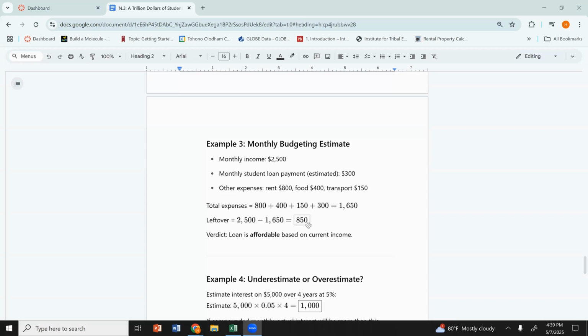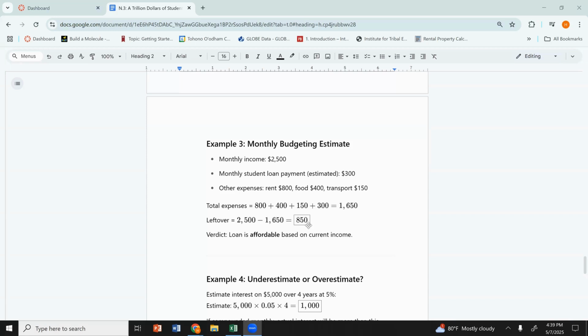But you can go and take a loan that would balloon your monthly expenses more than what you earn. That's not going to be good because you're going to be digging deeper in debt. So you want to make sure you are spending less than you earn.